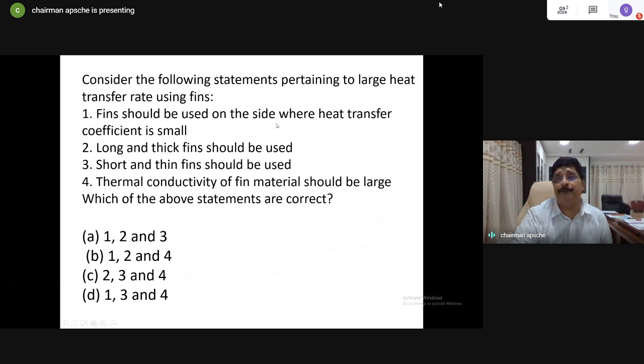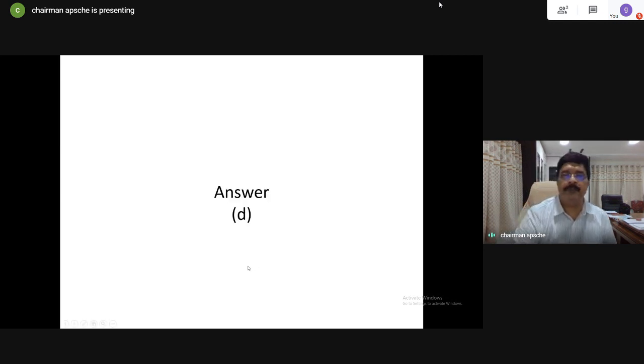I just gave you one aspect. Is the efficiency higher in natural convection or in forced convection? Taking the condition tanh(mL) by mL, I just explained to you that in natural convection the efficiency is very high. So 1, 3 and 4 should be good.